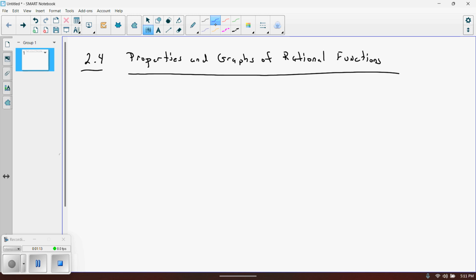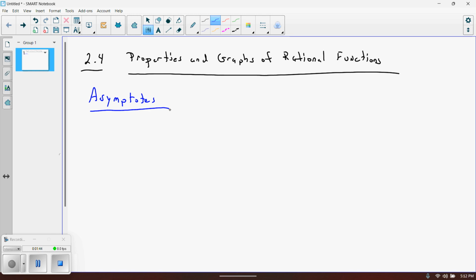Okay, so when we are talking about rational functions, we are going to need to find a bunch of different things. We are going to need to find all of the asymptotes. And in this case, there are actually going to be three types of asymptotes that you can have. There are three types.